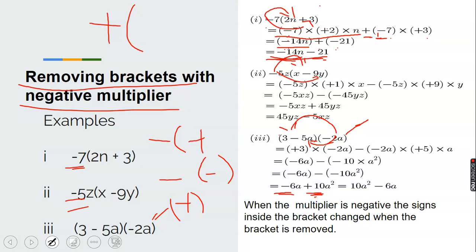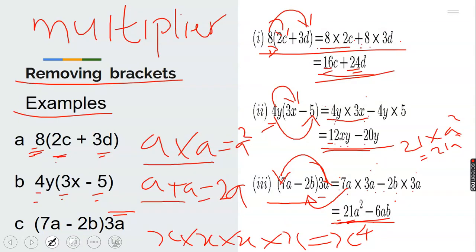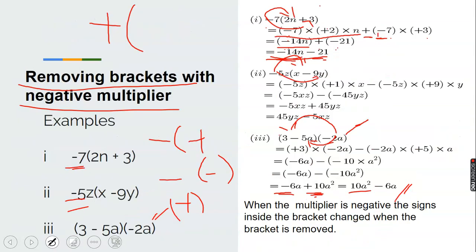That is why we bring 10a squared first, minus 6a. That is how to expand a bracket using a negative multiplier. When you go through this one by one, you will see that it's not different from what we did here. I just have to break it down for you to understand.